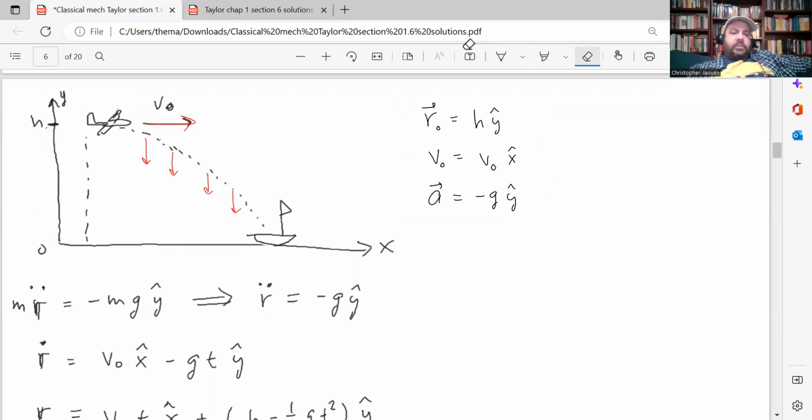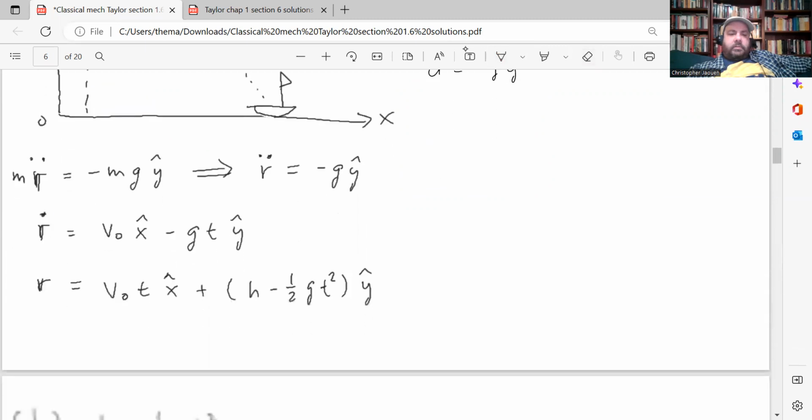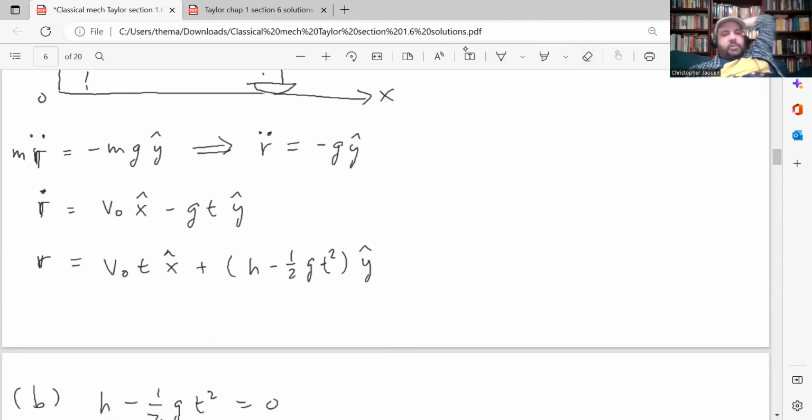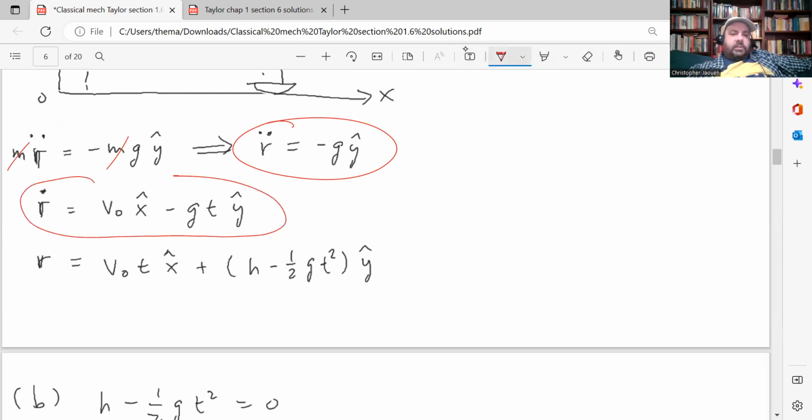Right, and then we can use that to set up our differential equation and solve it just like we did in the previous question. So you get m r double dot equals negative m g y hat. Again, F equals ma. Notice here again, you can divide out by m, and that gives you this differential equation. And then just solve that the way that we did the previous one. So integrate with respect to time, and you get the velocity, which is this.